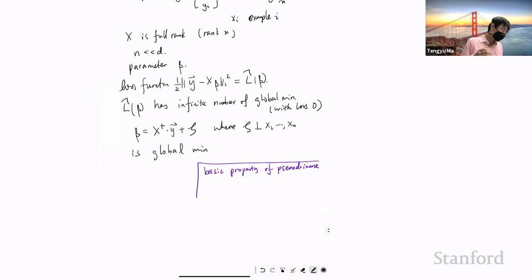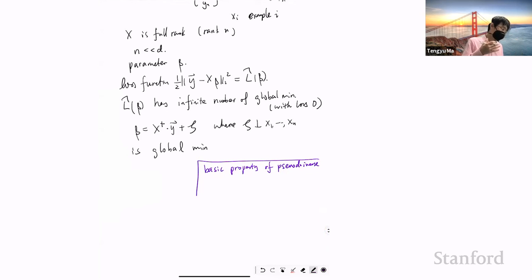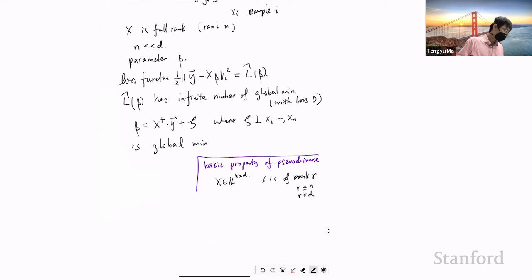I always think about it through the SVD, because with the SVD I can verify everything, so I don't have to remember it. Suppose you have a matrix X of dimension n by d, and X is of rank r. Of course, r has to be less than both n and d.